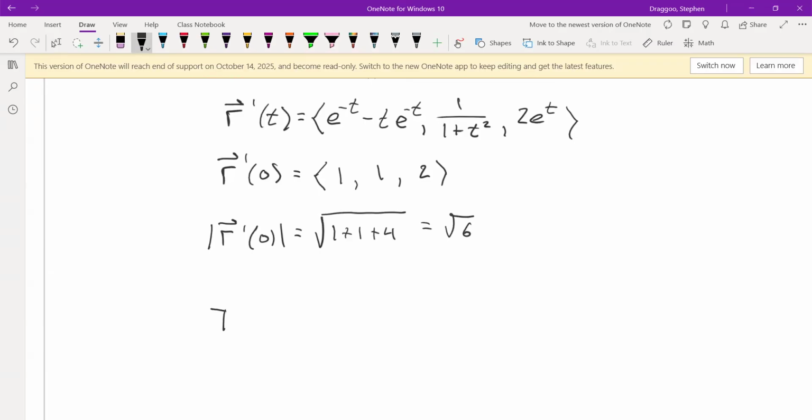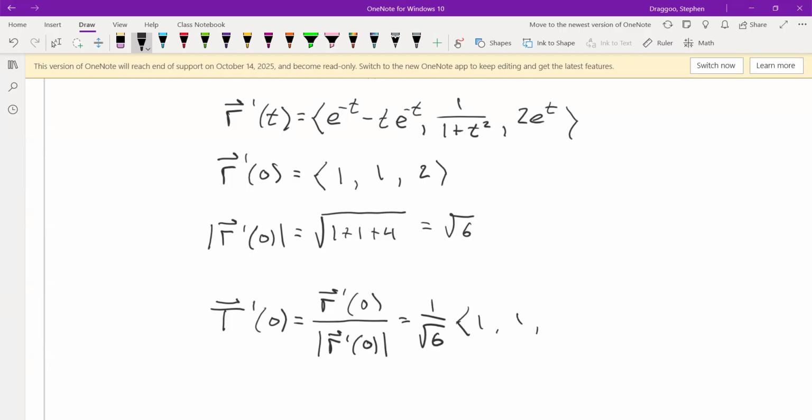And for my final trick, at least of this problem, that unit tangent vector, which should just be the tangent vector divided by the magnitude of the tangent vector, is 1 over square root 6 times 1, 1, 2. There we go.